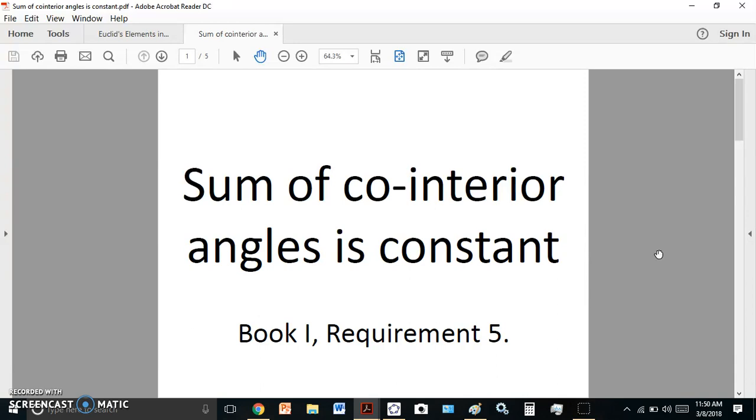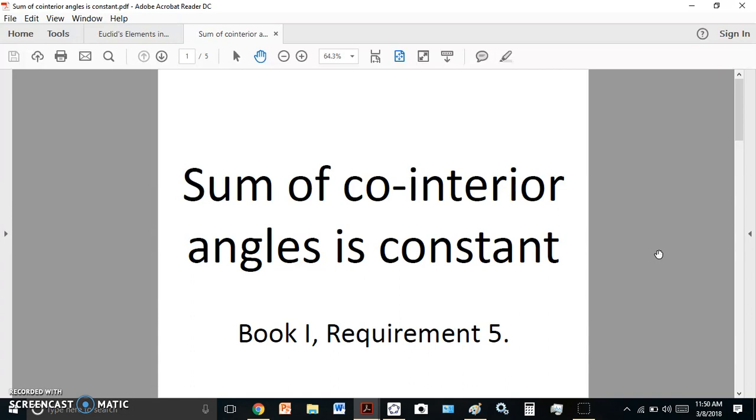In this final episode of the 5 requirements, not axioms or postulates, as you've heard over and over again or have read in thousands of textbooks. There are no axioms or postulates in Greek mathematics.